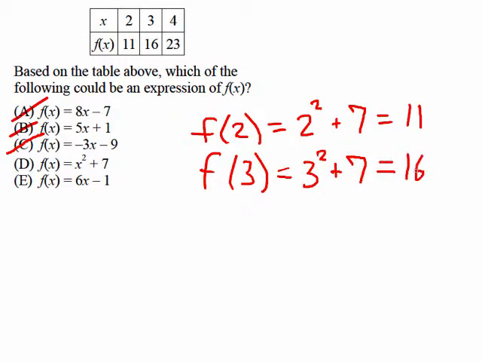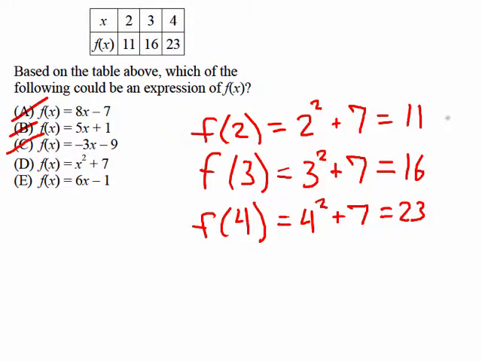Well, this is looking promising. F of 4. 4 squared plus 7 is going to be 16 plus 7, and that is 23.